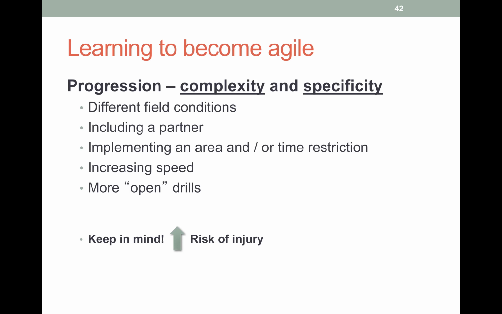Okay, so keep in mind though, while this is really the end goal of getting really complex and sports specific, as soon as you add complexity and specificity, you are increasing the risk of injury. Now, this is one thing that we didn't get to talk too much about the other day with training for strength and power: more complex movements like plyometrics, our jump training, should always come first.